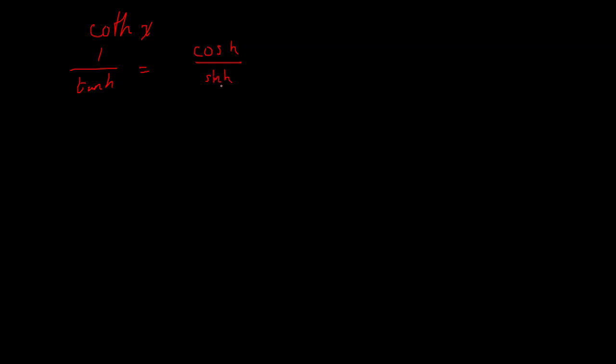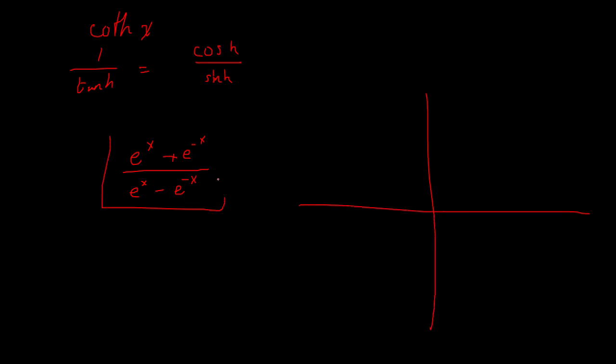If we looked at it carefully, you'd be getting e to the power of x plus e to the power of minus x, whole over e to the power of x minus e to the power of negative x. Now that's 1 over tan, by the way. We plot this on a graph, and based on that, it would be something like this and something like this.